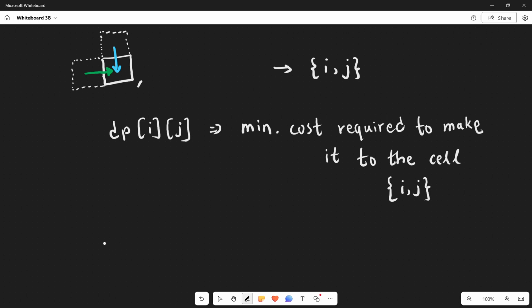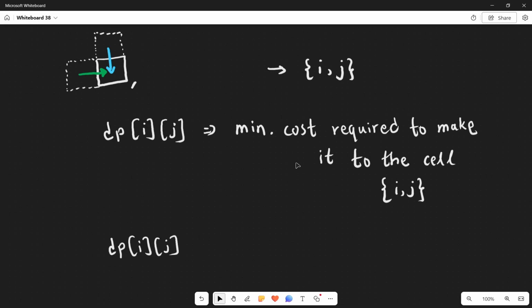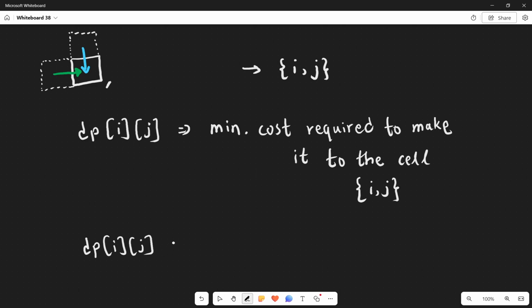So dp of I comma j. How can I write this?